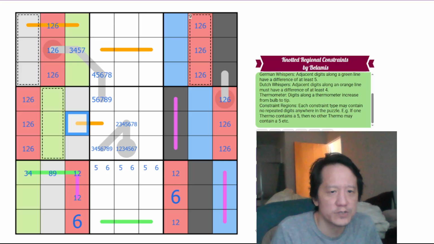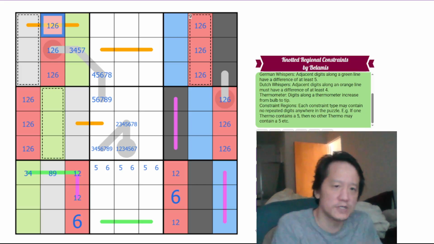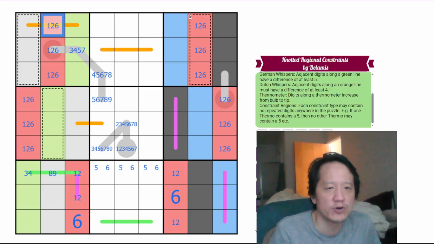That doesn't tell us much. 3, 4, 8, 9. 1, 2, and 6. So 1 and 2. So 6 can never be here. If this is 6, the problem is it has to be next to 1 or 2 on the Dutch whisper line. And 1 or 2 is part of the red set, so this can't be 6.